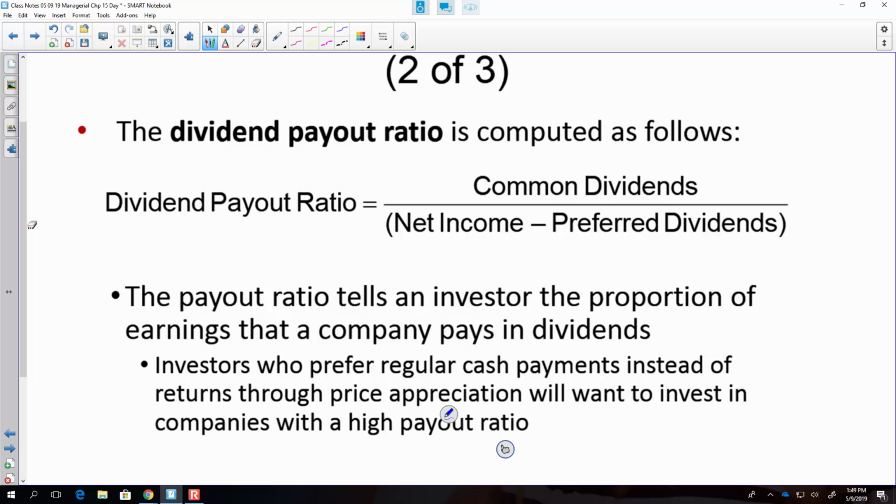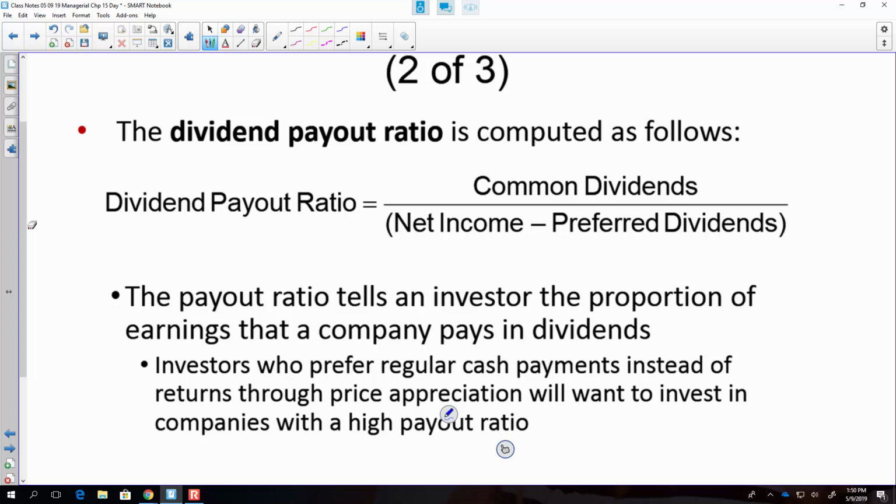The dividend payout ratio, how well are we paying out our net income? And here again, many investors would like a large number, right? So looking at our common dividends that we did get from this year, obviously some is also invested in the company and not distributed. But here we're looking at our net income. Again, we have to subtract the preferred dividends. That's our denominator, and we divide that into our common dividends.